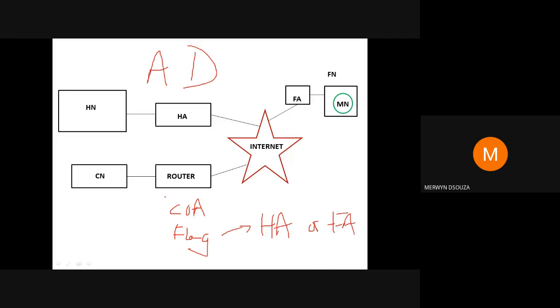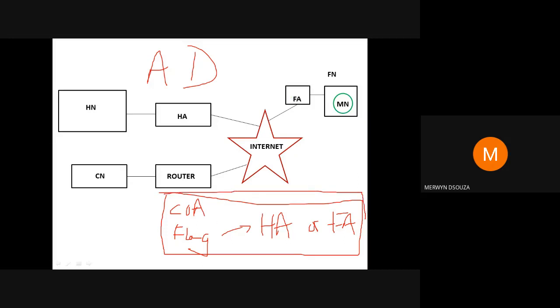The messages sent in agent advertisement are sent by the agents themselves. For example, if you are looking to buy a house and you check online, sometimes the agents themselves post that they have some houses to sell. It is that way. So the foreign agent or the home agent advertise their presence through periodic advertisements.